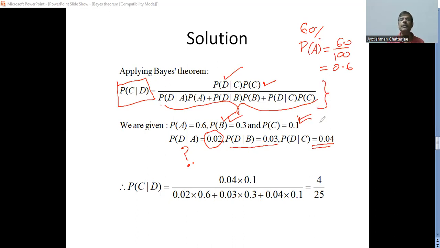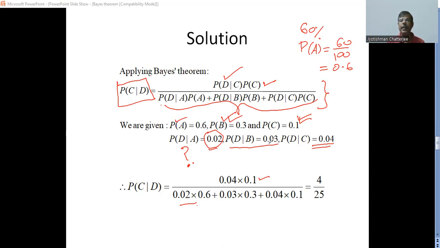Let's put all these terms. The numerator turns out to be 0.04 because that's what is probability of D given C, and probability of C is equal to 0.1, and so on. We put all these figures. 0.02 comes from here, and 0.6 because P of A is 0.6.